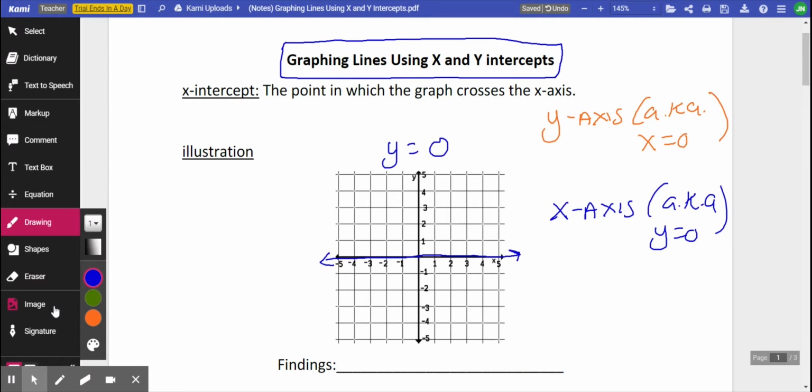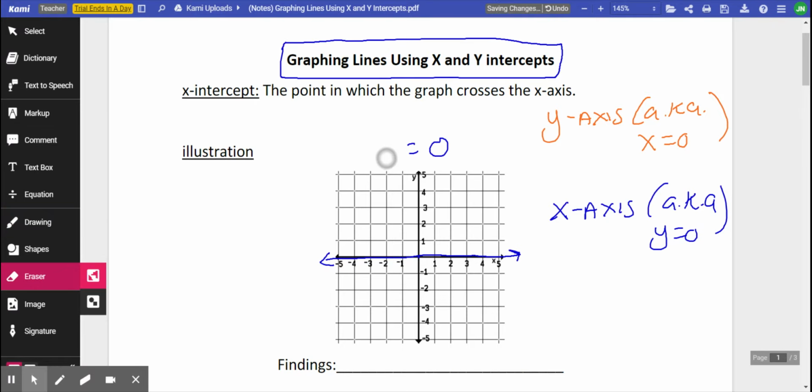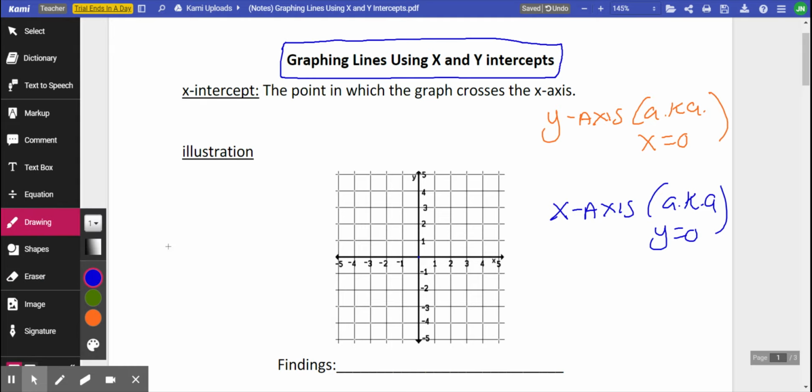The way that I remember it is basically the opposite. If you want to figure out where the x-axis is going to be, that's at y equals 0. If you want to figure out where the y-axis is going to be, that's at x equals 0. So think of opposite. The y-axis is where x equals 0, and the x-axis is where y equals 0.